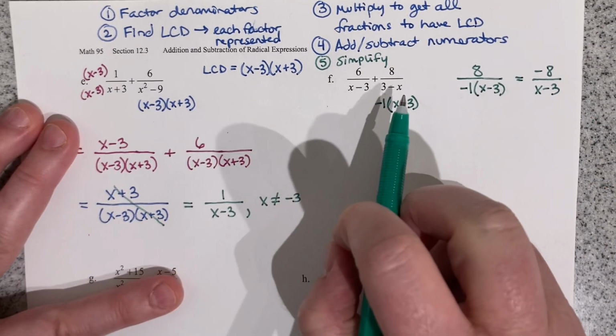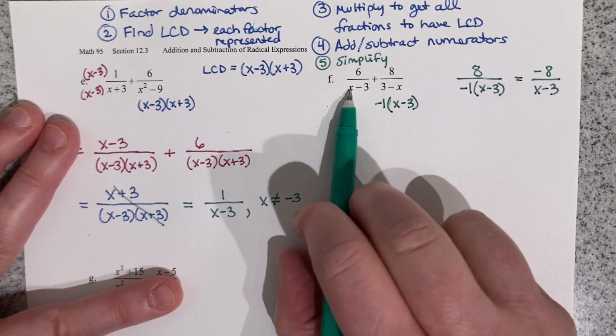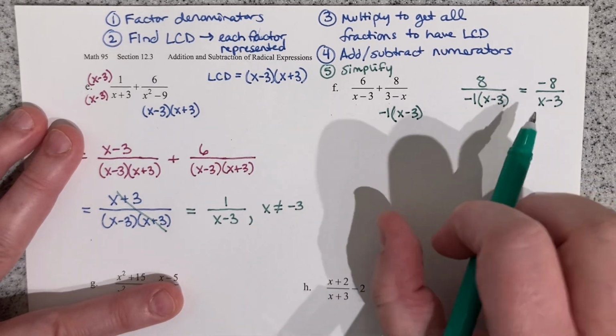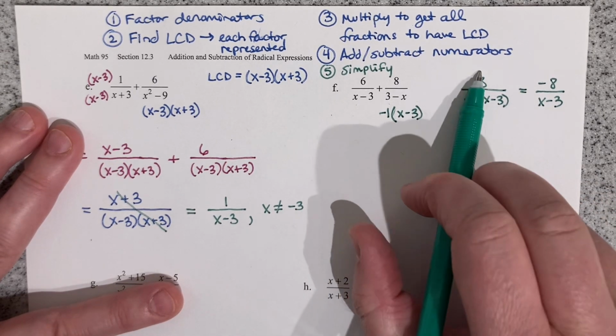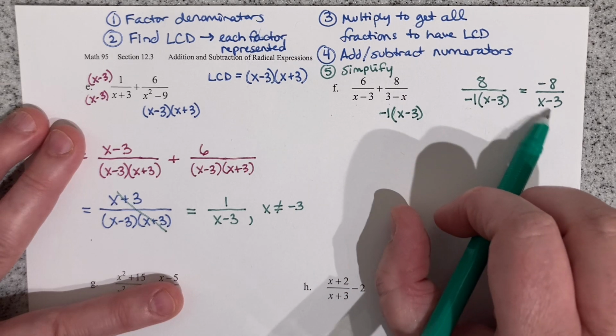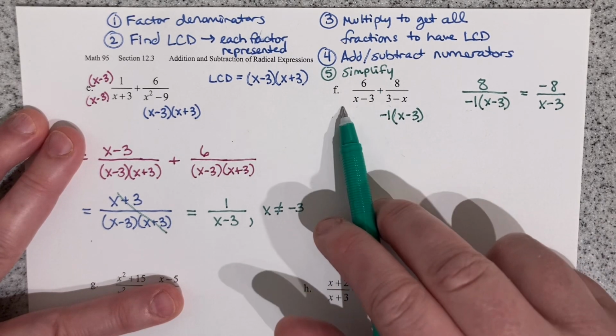It's sort of like when we were canceling, when we flip the subtraction, we get this like -1 when we reduce. Same thing here. That 8 divided by -1 makes a -8 on the top. That's actually an easier way to go than to multiply the first fraction by -1.